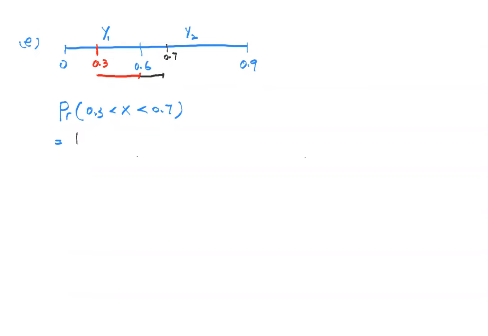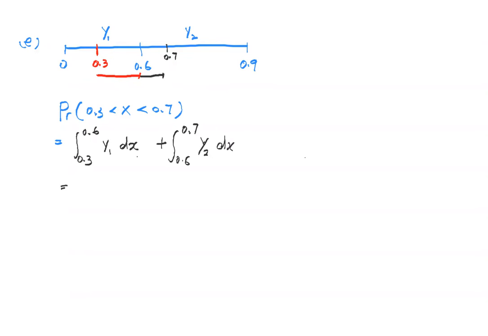You integrate from 0.3 to where? 0.6. This one, you use which probability density function? Y1. Plus from 0.6 to 0.7, that involves another probability density function.